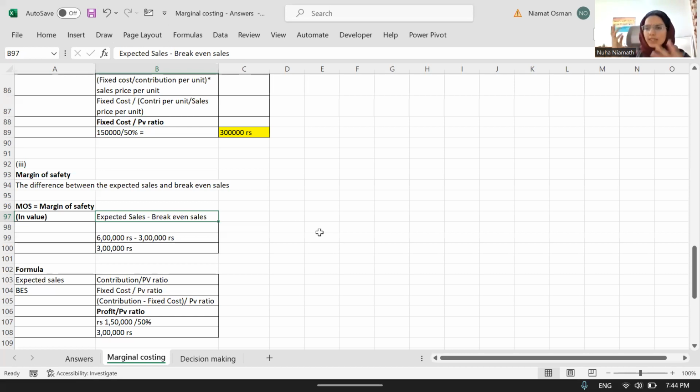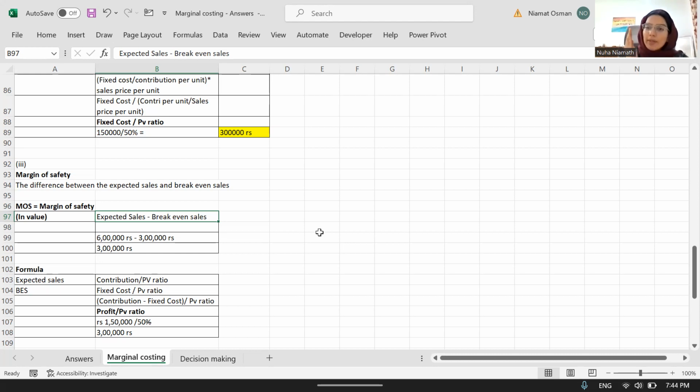So for example, let's bring a real life example. Let's say you are a Coca-Cola company. In a month, if I sell 500 units of Coke bottles, I will be able to make zero profit. But I am selling 700 units. So that 700 units minus that 500 units, the 200 units of Coke bottles that I'm selling, that is my margin of safety because that's helping me get a profit.